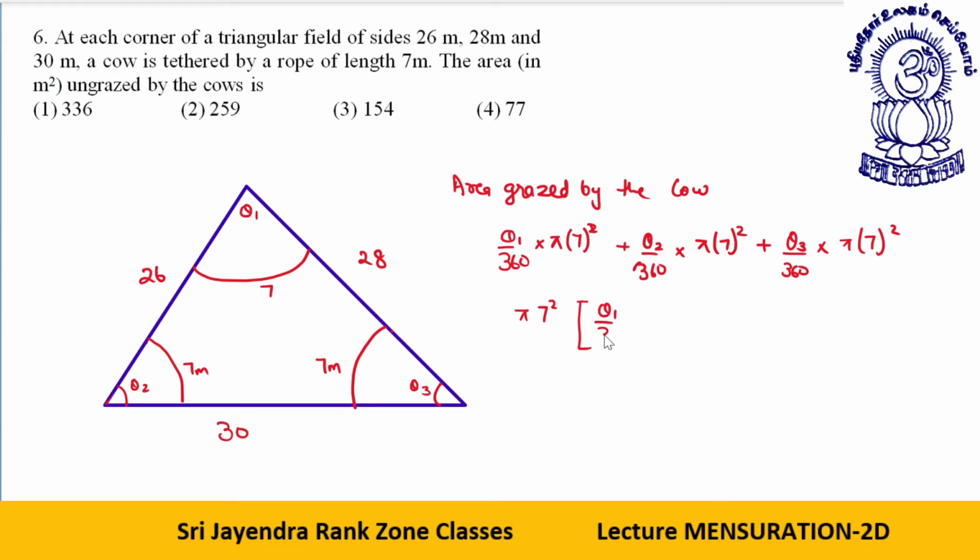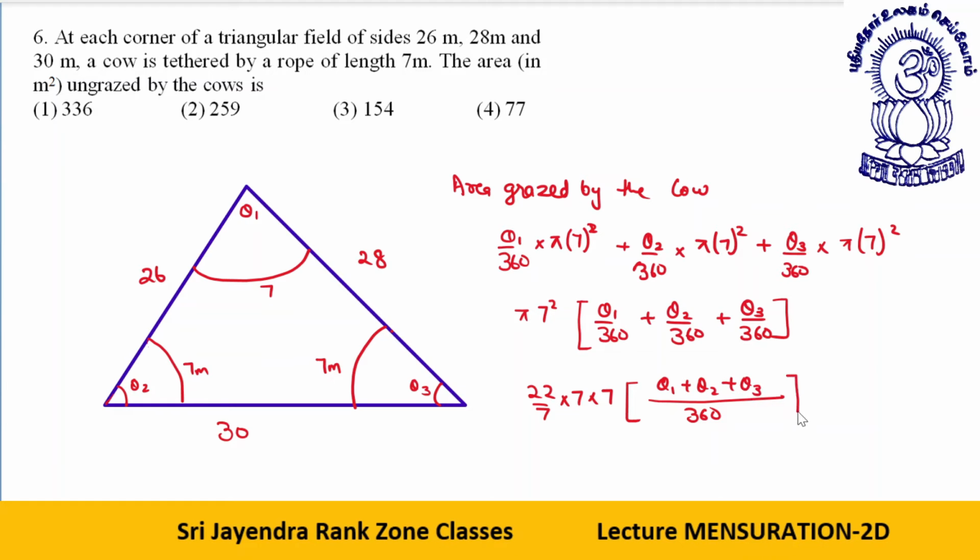What I am left with is theta 1 by 360 plus theta 2 by 360 plus theta 3 by 360 degree, or I can say 49. Let it be. Pi is 22 by 7 into 7. This is 360 into theta 1 plus theta 2 plus theta 3. 7 and 7 cancel.